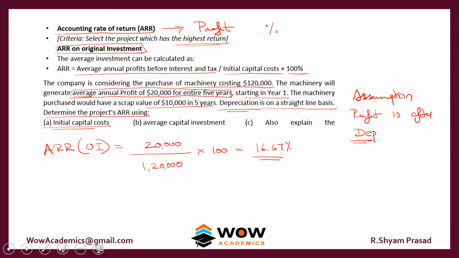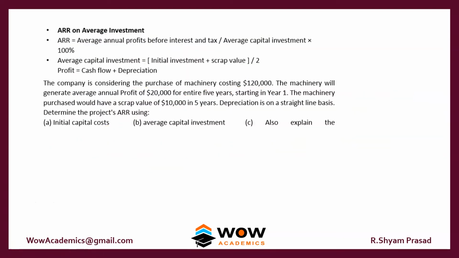So we'll look at the next question: ARR on average investment. What is an average investment? The numerator remains the same, but the denominator changes. The denominator works like this: average capital investment, into 100. What is average capital investment?